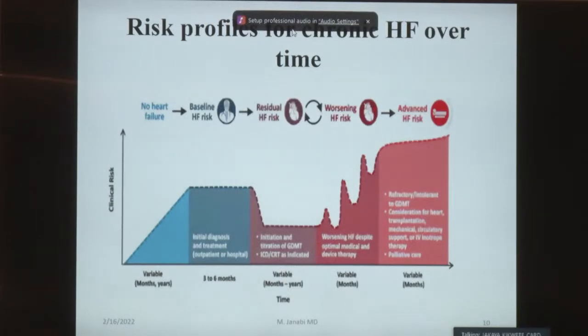Then there's a period which we think is stable, but it's usually unakuwa na residue heart failure risk. From there, the rest is history, because now you will jump to worsening heart failure, which will recycle with you for a couple of years before you move to advanced heart failure.